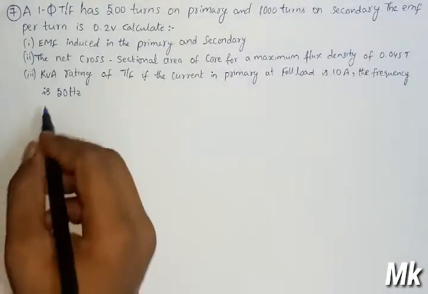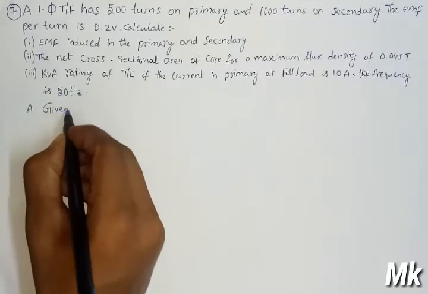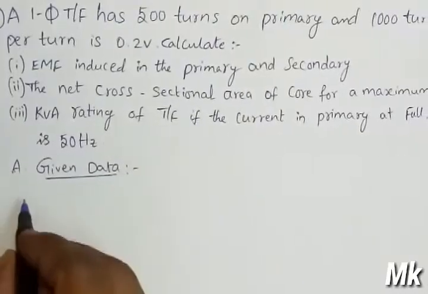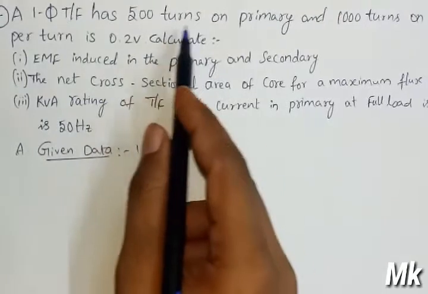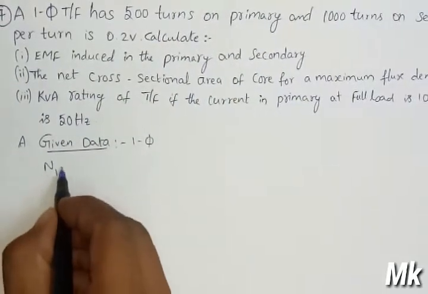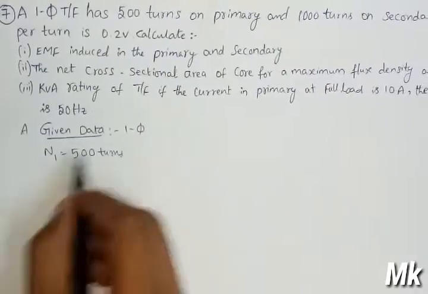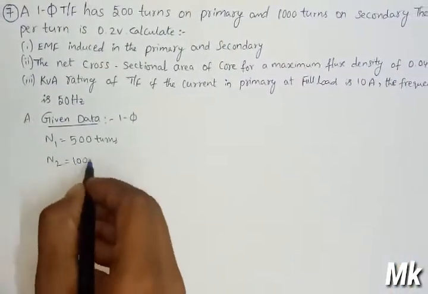First of all, write the given data. It is a single phase transformer. It has 500 turns on primary, that means N1 is equal to 500 turns, and 1000 turns on secondary, that means N2 is equal to 1000 turns.